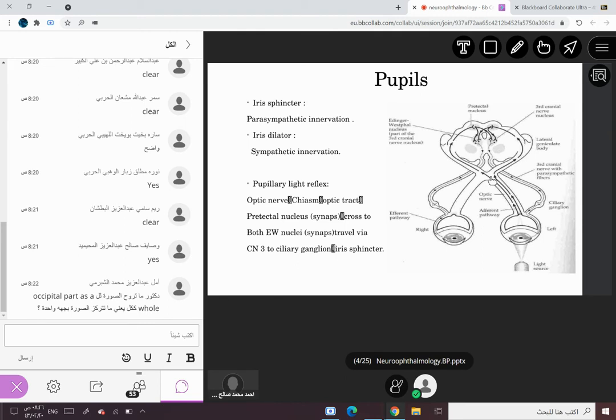In the optic chiasm, it will decussate, or cross, which fibers? The nasal ones. So they will decussate to the opposite side, and the temporal ones will go to the same hemisphere. It will go to the optic tract, same one from the same eye, or the opposite tract.